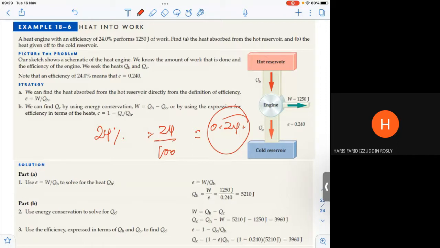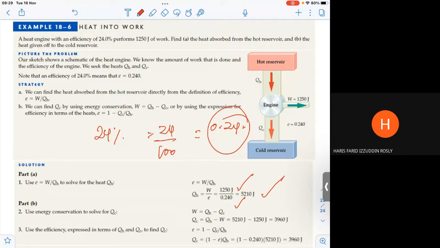So QH is equivalent to W over E. So W is 1250 divided by 0.24. You will get the heat at the hot reservoir to be 5,210 joules.